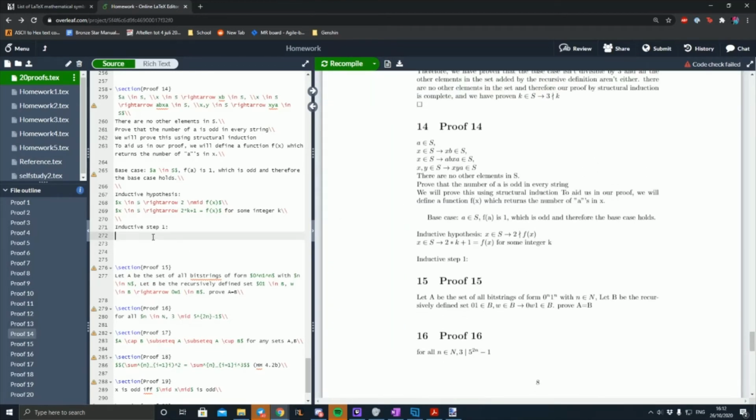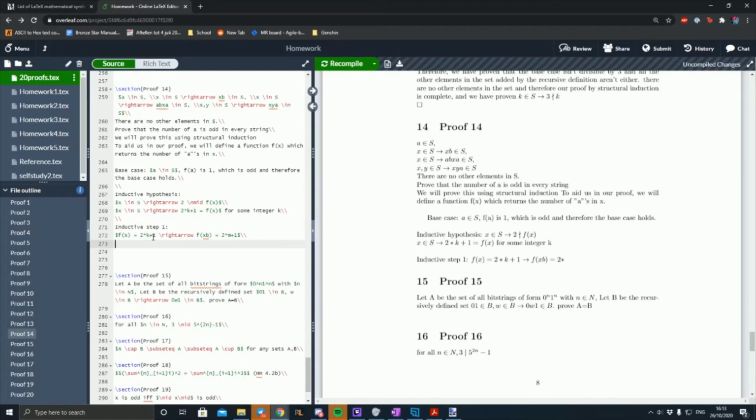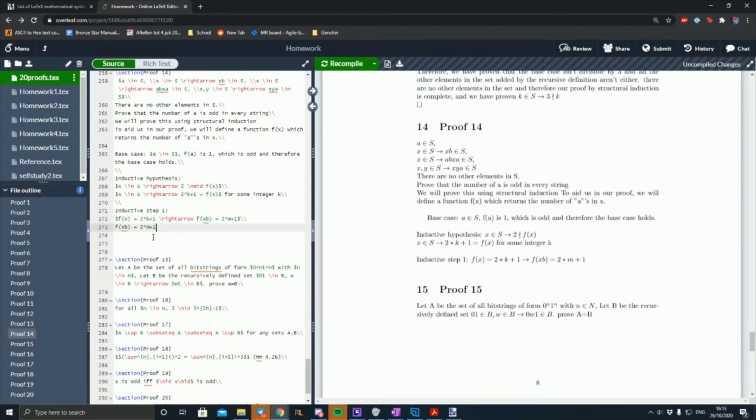We have that if f of x equals 2 times k plus 1, then f of xb equals 2 times, let's say, m plus 1. We can do this by saying we take this part.